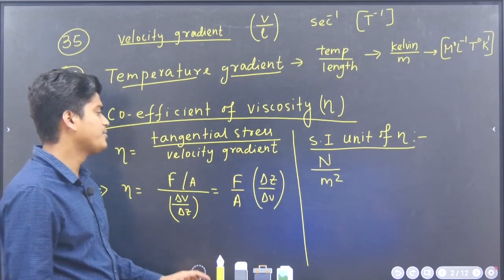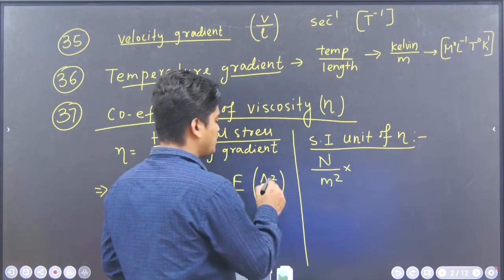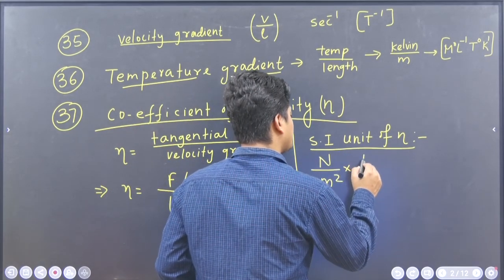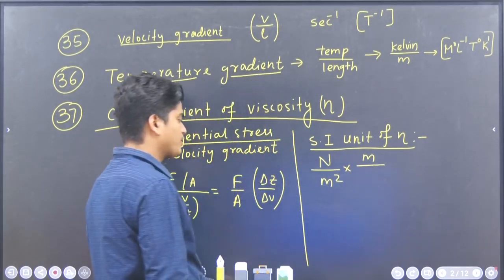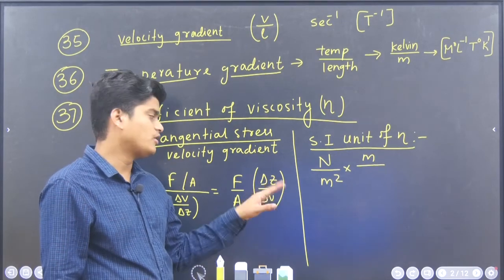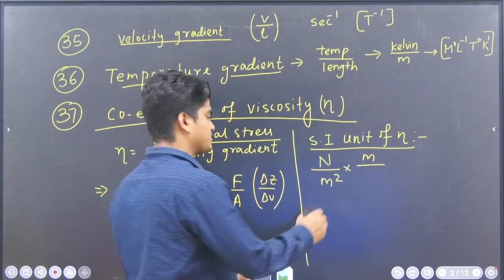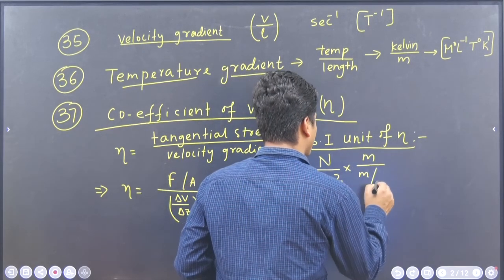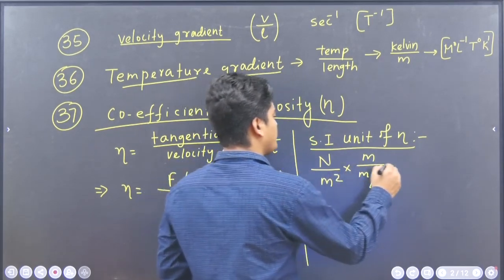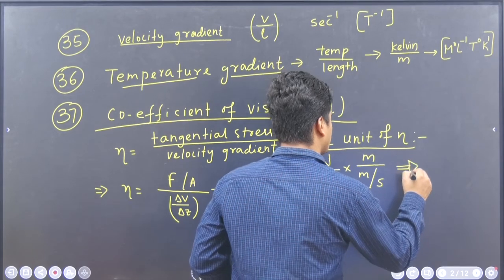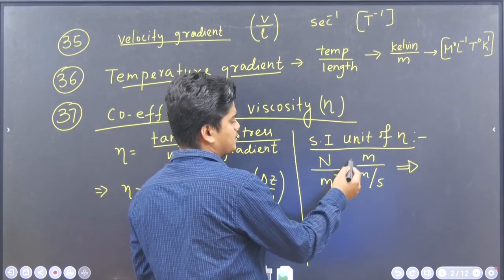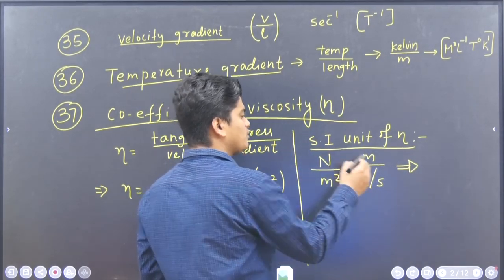So it is Newton by meter square into delta z, which is the length unit, meter. You can write length as delta L, delta z or delta x; all these represent change in length. Then divided by meter by second. If you modify this expression a little, meter will get cancelled and second will go up.